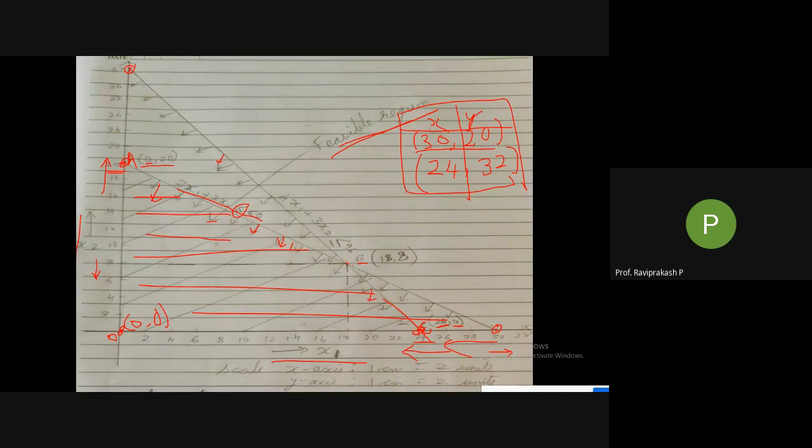I'm drawing a straight line here using a scale, and I'm getting 18. So this is on the x-axis, my x is 18 here. Then draw a parallel line to the x-axis, and I'm getting 8. So the y value is 8. So this becomes 18, 8.